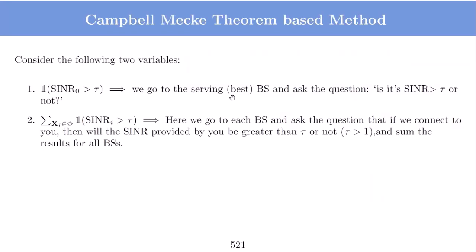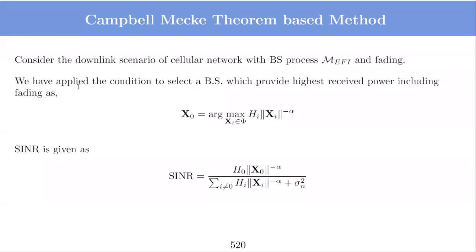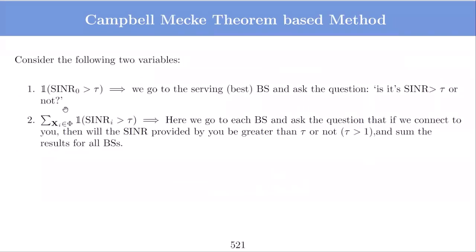Now using the previous results, you can show that, if I select base station 0, the SINR from that is known as SINR 0. So the indicator that SINR 0 is more than tau basically means that we go to the serving base station, which gives you the highest instantaneous power, and ask whether its SINR is more than tau or not.